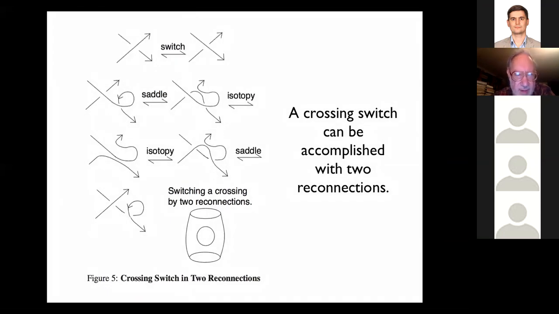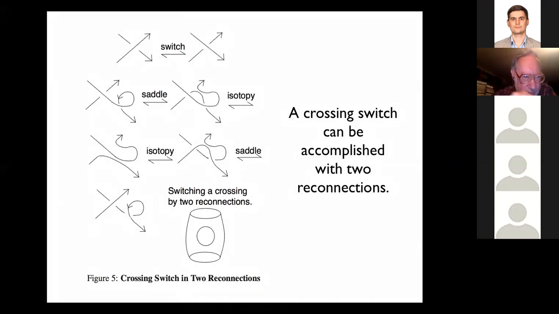The fact of the matter is that mathematically you can switch a crossing with 2 reconnections. Isn't that interesting? That's a mathematician's observation about the cobordisms and concordances that's fundamental to the subject as a mathematical subject. How do you do it? Well, it may not happen so easily physically. I do it in the following way. I put in a little twist that can happen up to isotopy.